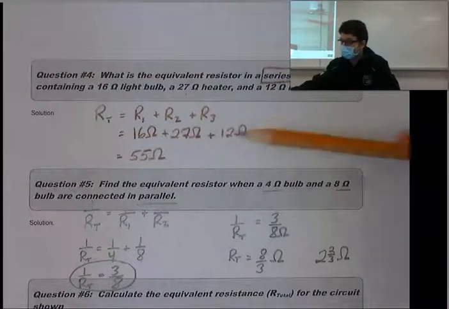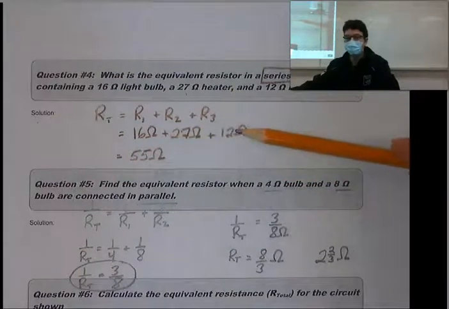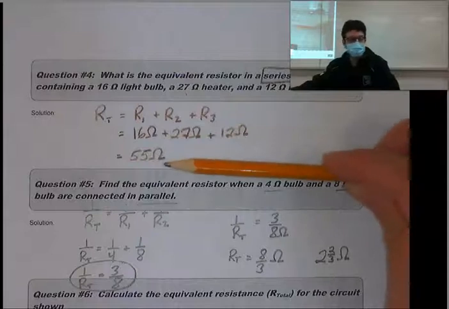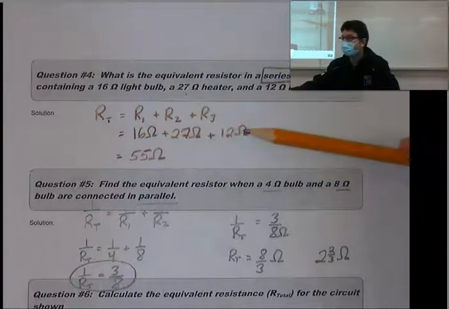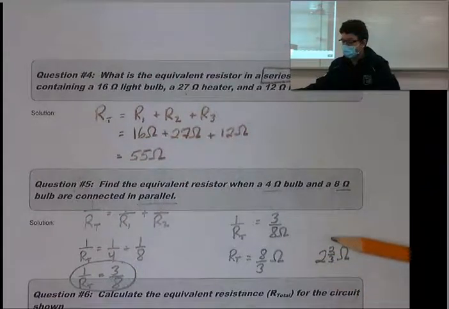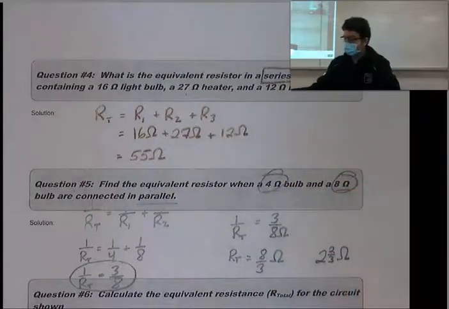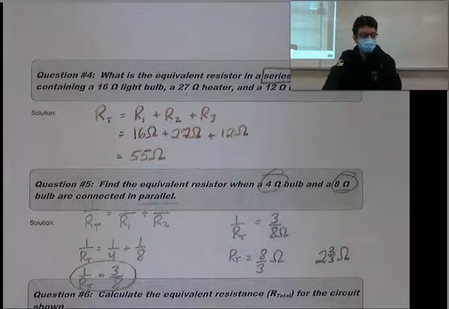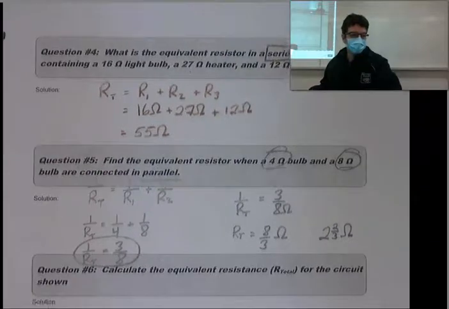The total resistance is greater than any individual resistor. So 55 is more than 16, which is more than 27, and it's more than 12. Not true with a parallel circuit. Here one resistor is 4 ohms, another is 8 ohms, and the total is less than either of them.